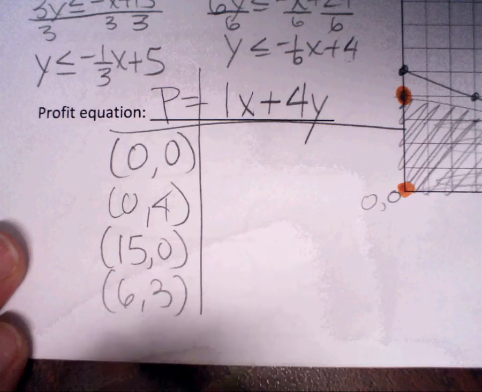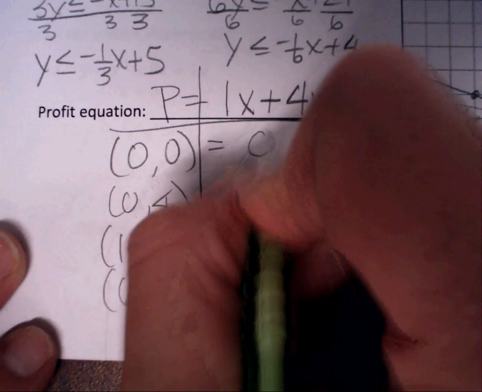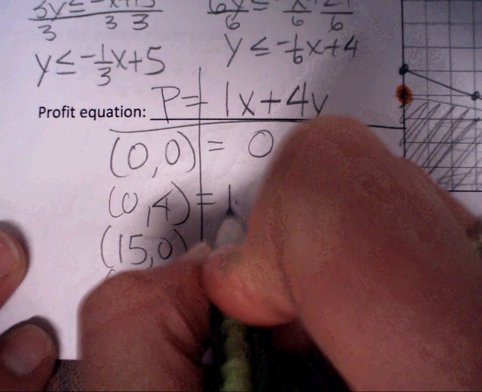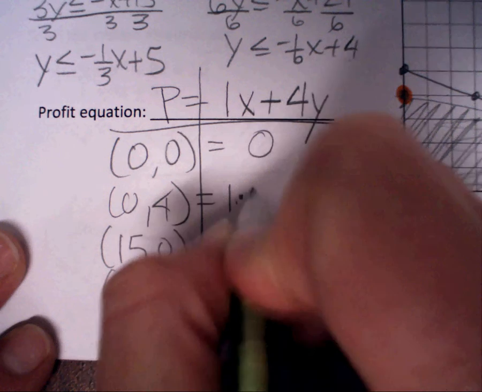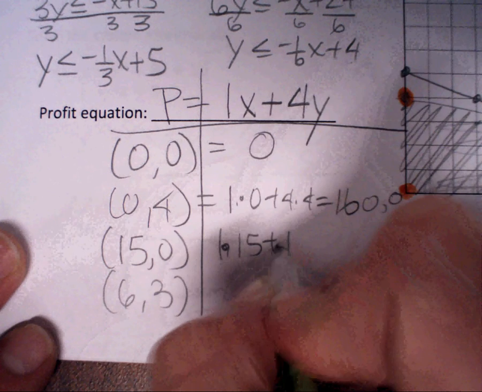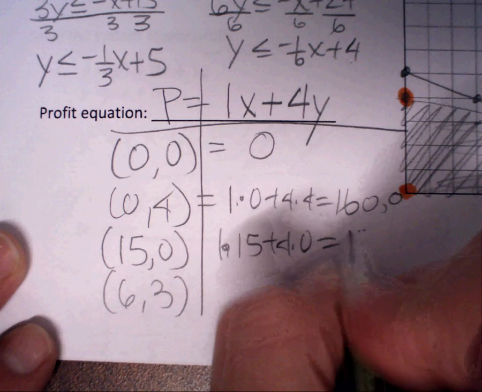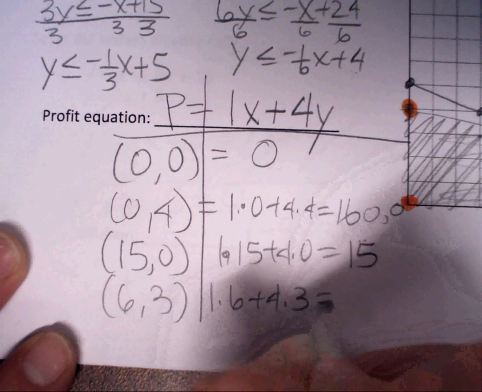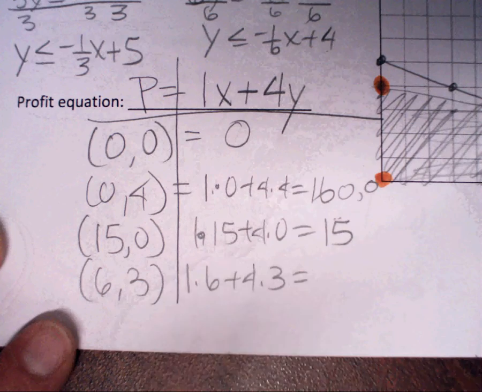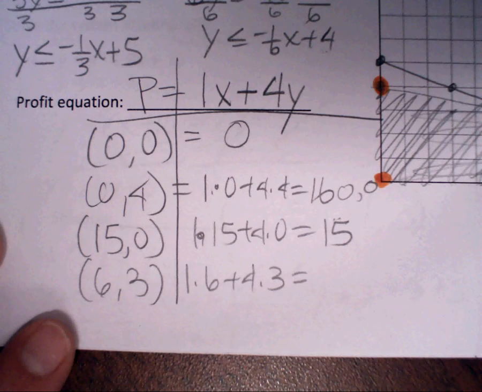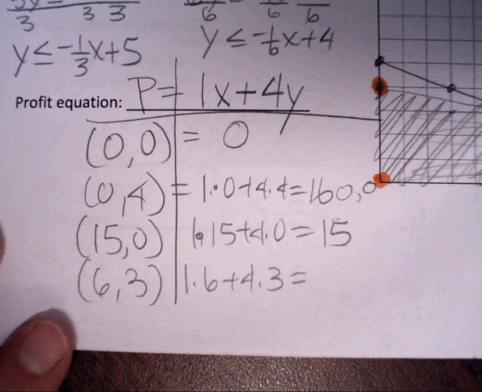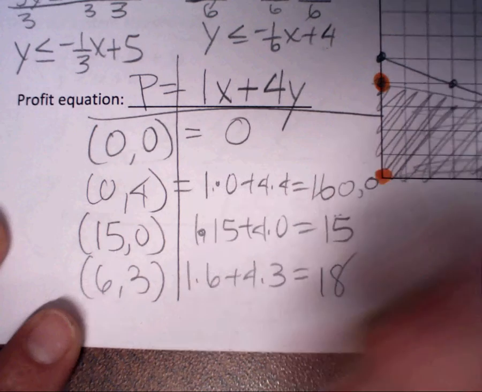So I want to figure out which one of these would help maximize her money. So that one's going to be 0. 1 times 0 plus 4 times 4 is 16. 1 times 15 plus 4 times 0 is 15. And 1 times 6 plus 4 times 3 would be 6 plus 12, 18.